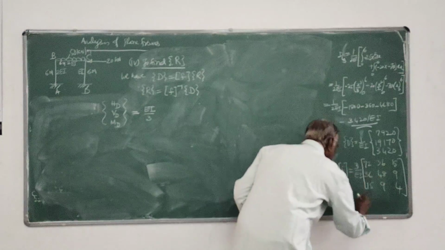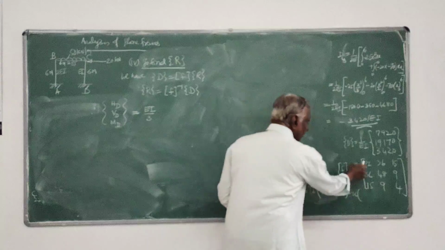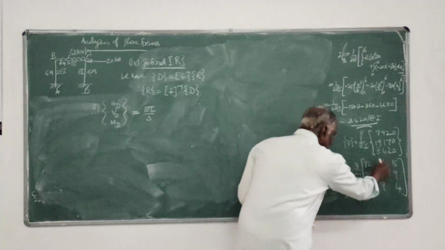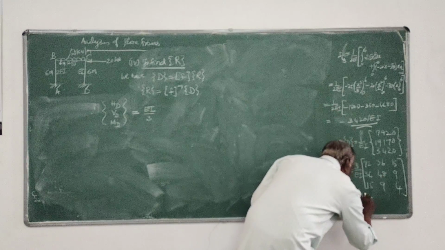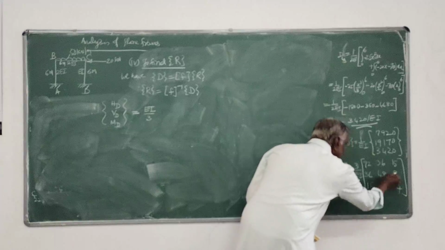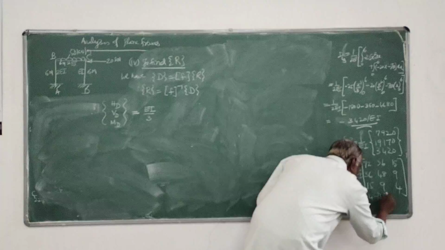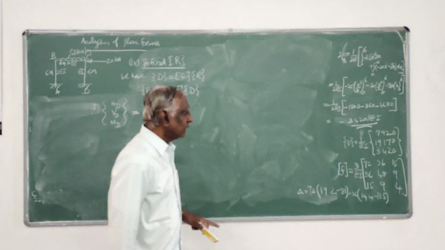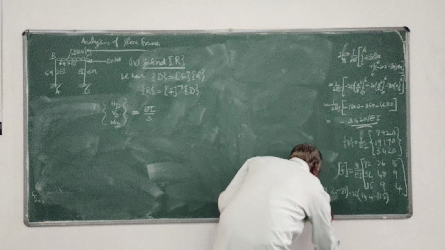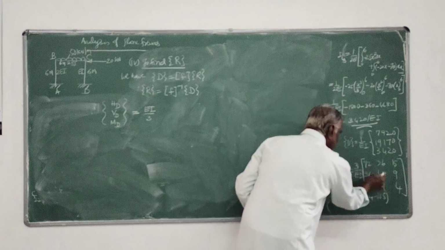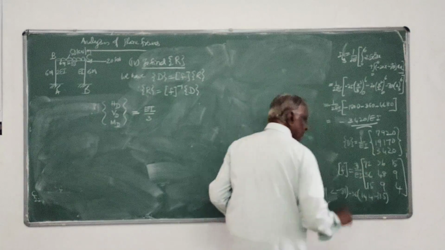Then this minus 36 into, because this is plus, this is minus. So minus 36 into 36 into 4, 144. Minus 9 into 15, 135. Then on this, plus 15 into 72 into 48 minus 36 squared.